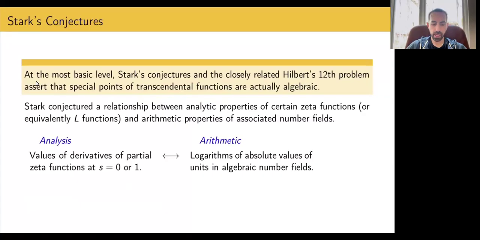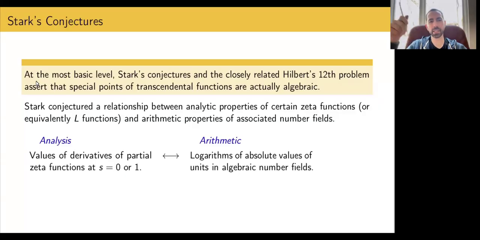Okay? And it uses things that I'm not going to go into detail on, but certain types of zeta functions or L functions, which are things I'm sure many of you have heard of. Maybe some of you are experts on these. It's trying to relate logarithms of absolute values of certain units in algebraic number fields, that's on the arithmetic side, to values of derivatives of certain specific zeta functions, these partial zeta functions, or equivalently L functions at certain specific values.